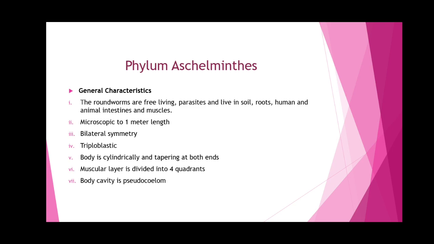They can live in the soil, roots, human and animal intestines, and in the muscles. The body of these organisms is tapering from the ends, and their size can vary from the microscopic ones to the organisms which measure in meters.